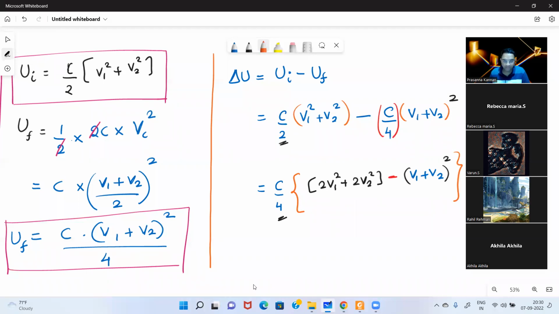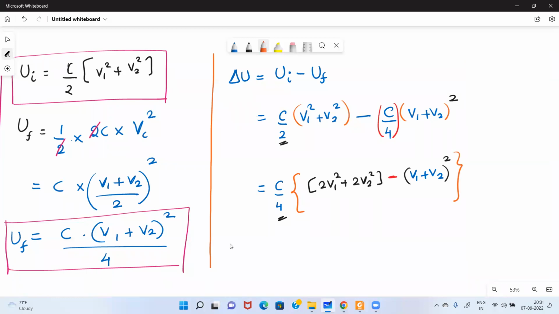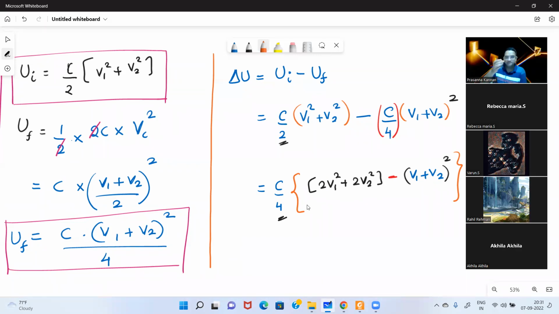Can you simplify and tell me the answer? This becomes C by 4 into, tell me what is going to be the answer.